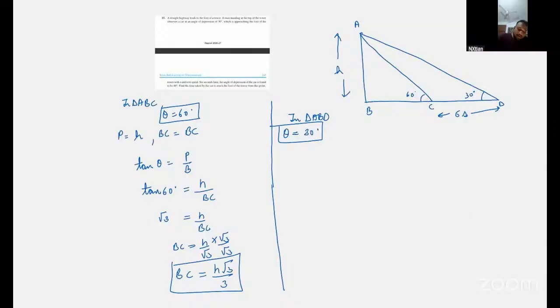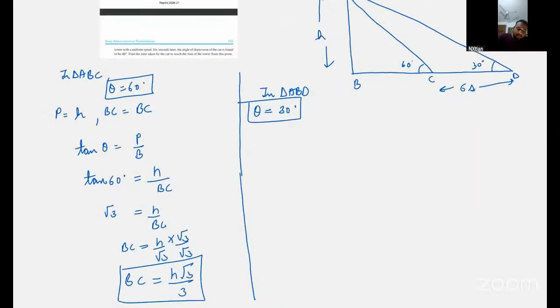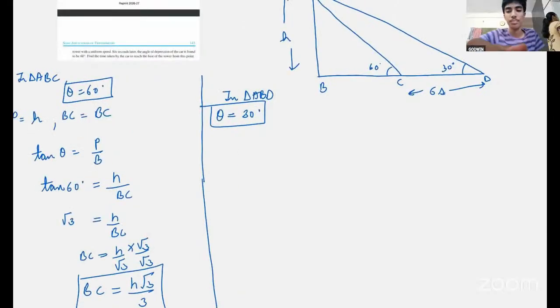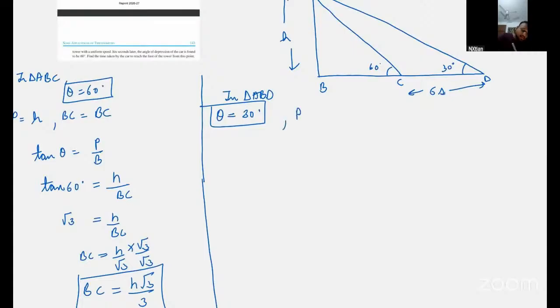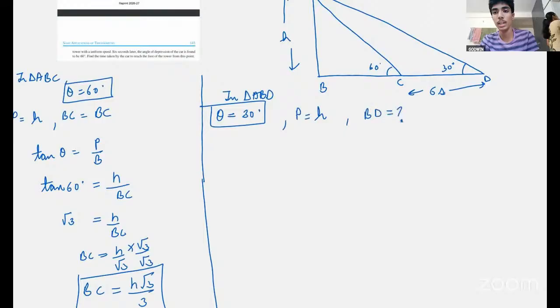Now can you help me in triangle ABD? What is given? Theta is 30, and the perpendicular is the same, h. And what is the base in this case? The base is BD.